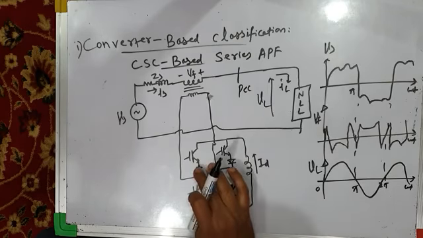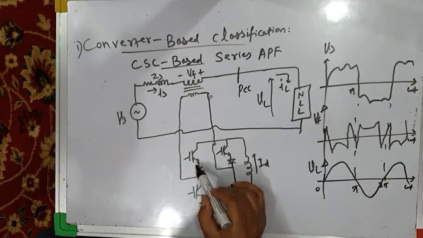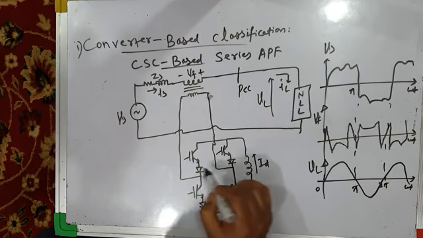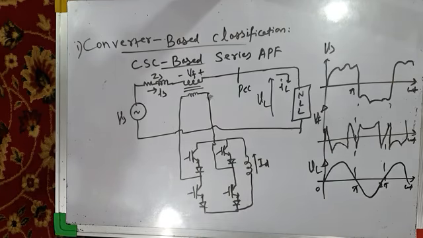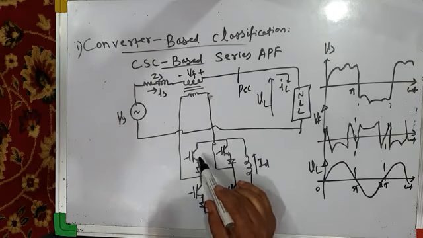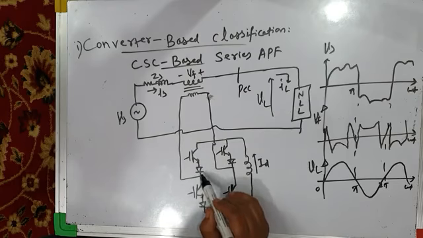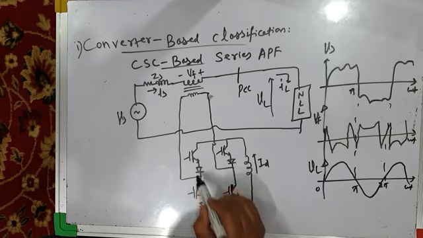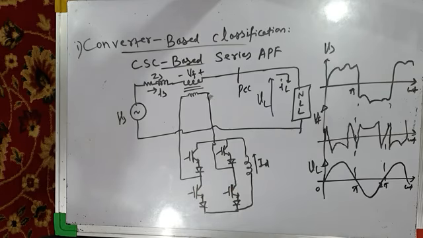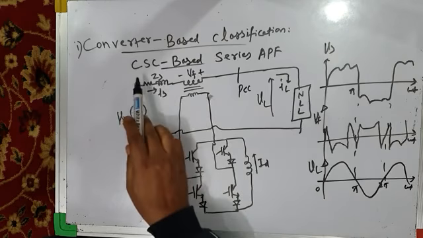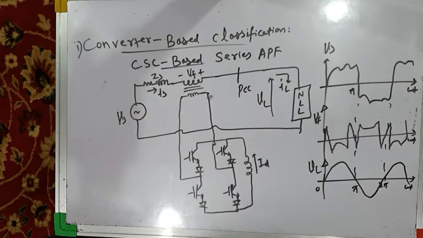If these diodes are not there, when this voltage is negative, your IGBTs may get damaged, because IGBTs do not have reverse voltage blocking capability. The reverse voltage will be blocked by diodes connected in series with each IGBT like this. So this is current source converter, or CSC based series active power filter.